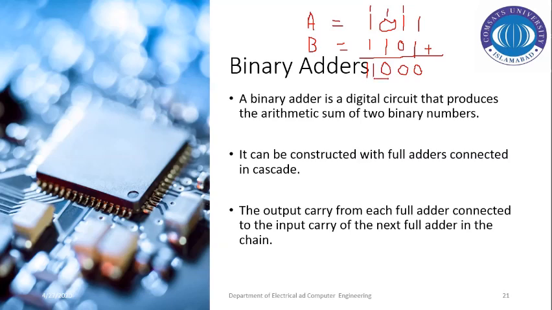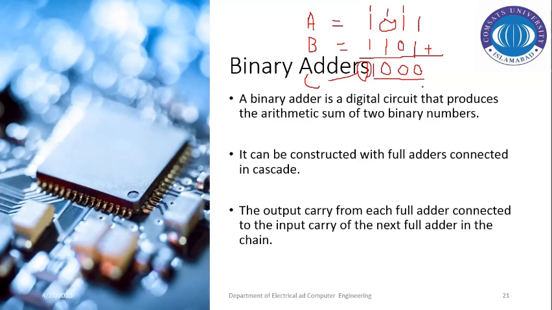So these are the sum bits, and this is the final carry. Here we can see that in order to add A and B, we require 4 full adders, or 3 full adders and 1 half adder, in order to add A and B correctly.